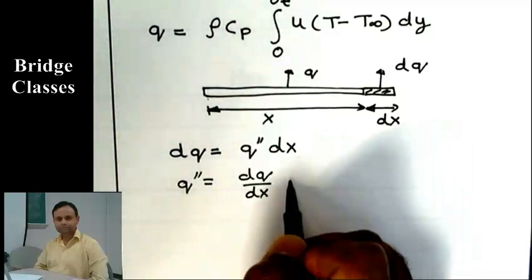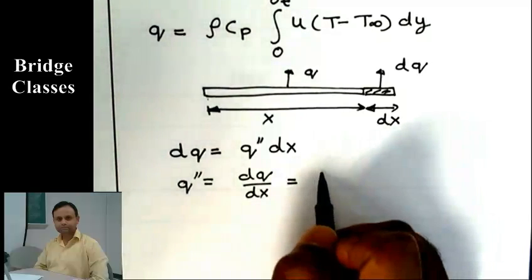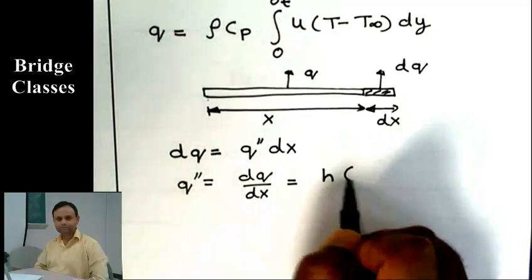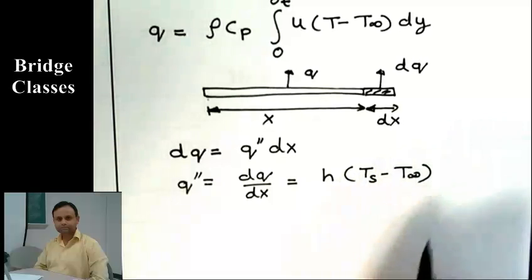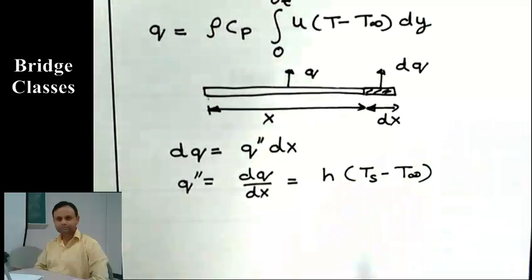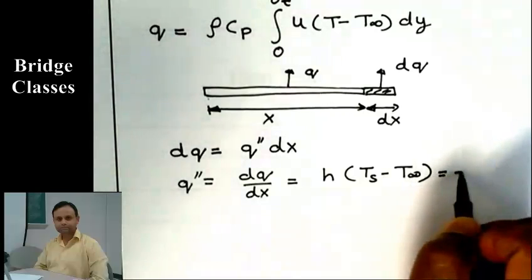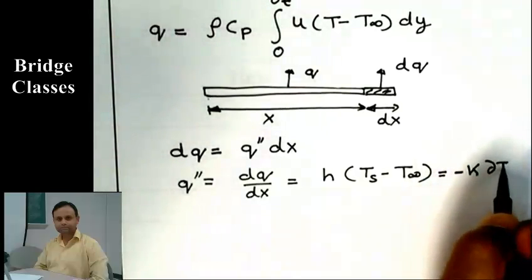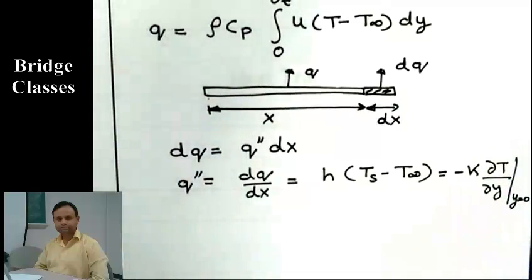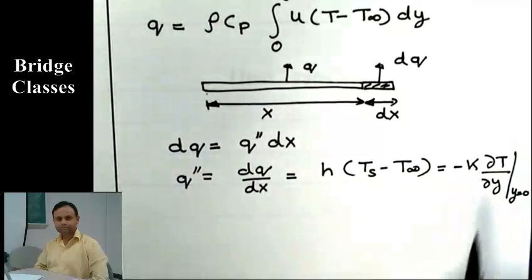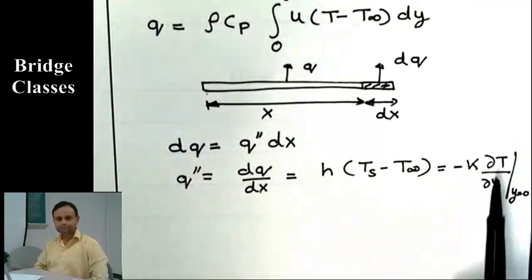And q double prime is also equal to h times (Ts minus T infinity). It is also equal to negative k dT/dy at y equals 0, where k is the thermal conductivity of the fluid.